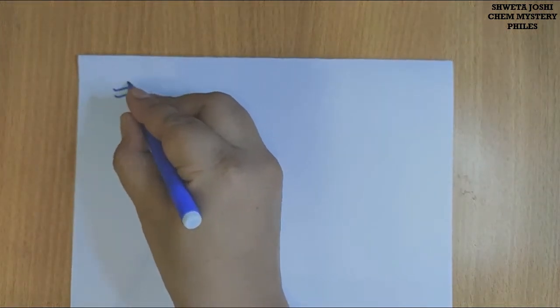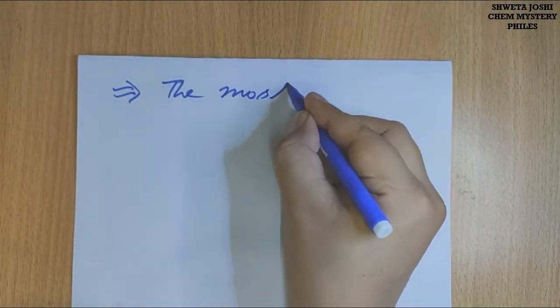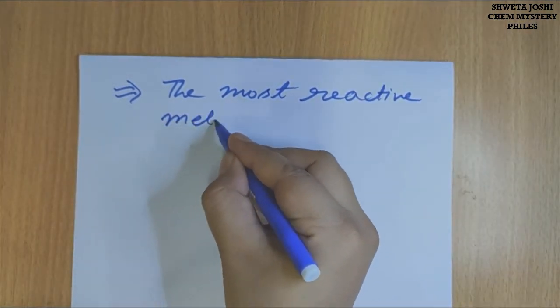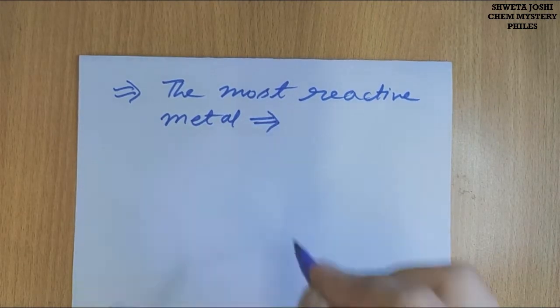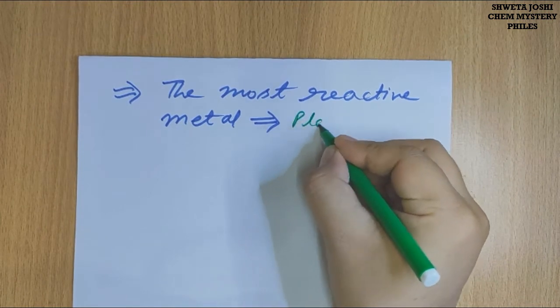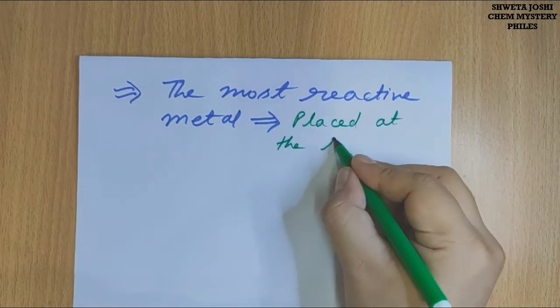In metal activity series, the most reactive metal is placed at the top of the series and the least reactive metal is placed at the bottom of the series. So, first point is that the most reactive metal is placed at the top of the series.